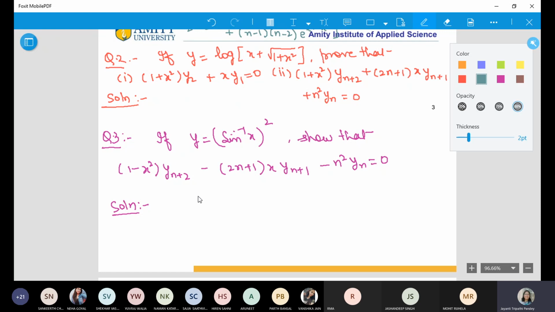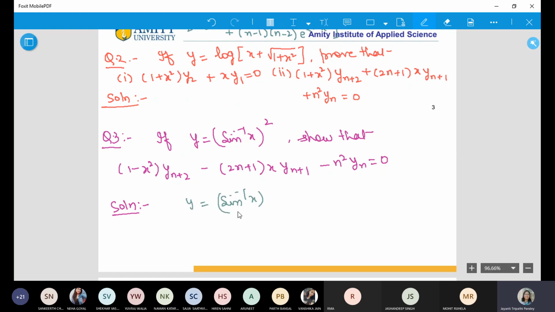See, y is sine inverse x square. So the first step is we will find y1. That is 2 sine inverse x into 1 upon root 1 minus x square. So I am shifting it this side and squaring it up. Is this fine or not?